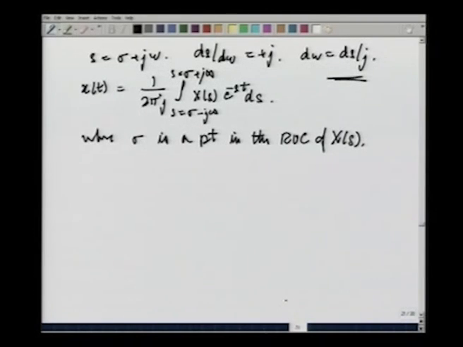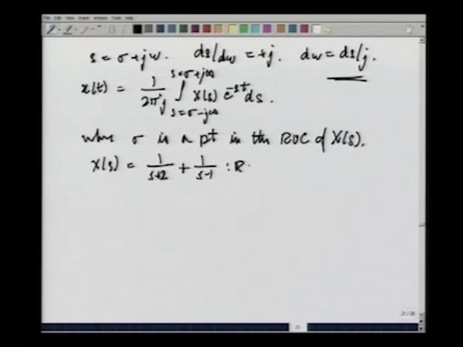Well, wherever it was, suppose you have X s equals 1 by s plus 2 plus 1 by s minus 1, with sigma greater than plus 1.